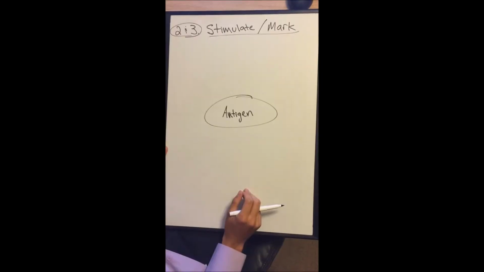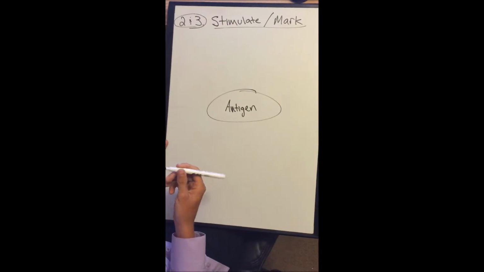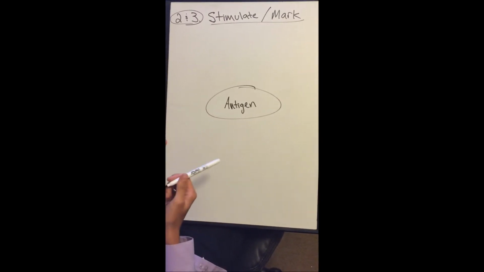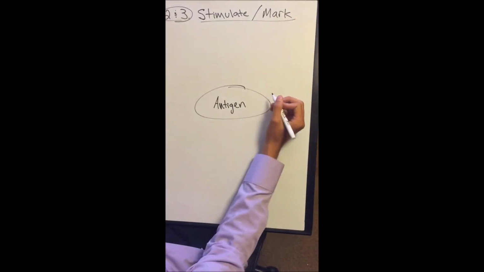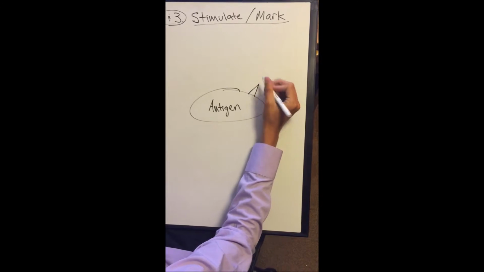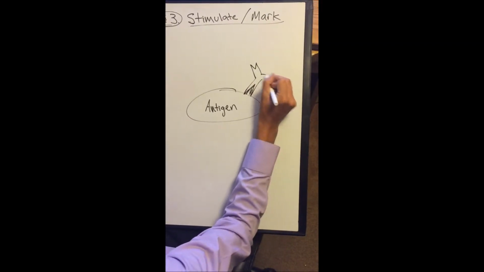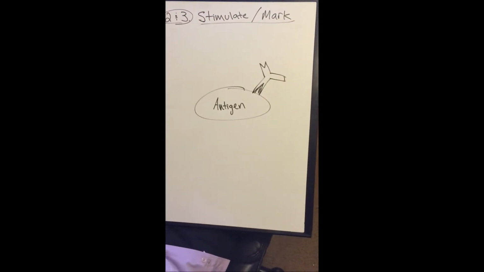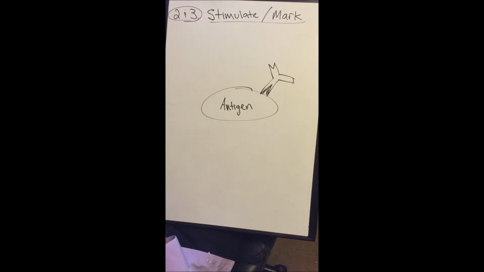Here we're going to talk about stimulate and mark at the same time because their functions go hand in hand. This is the most important method by which antibodies work because once the antibodies have bound to their antigen, they undergo a slight change. This conformational change enables the antibodies to activate other proteins called complement proteins.